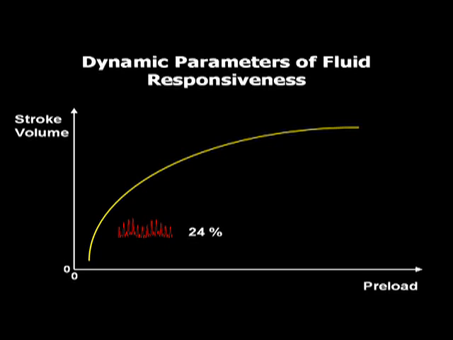And then if the respiratory variation is small, like here, 10%, you know that the patient is on the plateau. It means that by looking at the respiratory variation in the arterial pressure, you can evaluate whether the cardiac output is optimized or not, meaning whether the patient is on the steep portion or on the plateau. But once again, the problem is that the arterial pressure is invasive, and we don't use it for all of our patients.